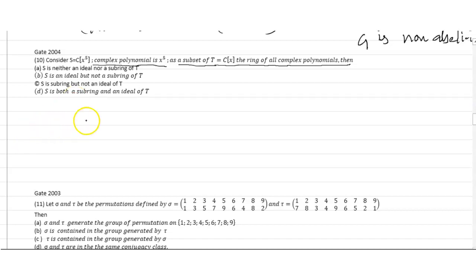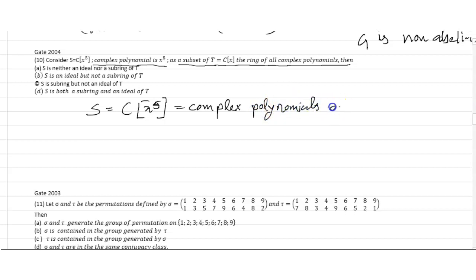So S is equal to C[x^5], the complex polynomials of x to the power 5.